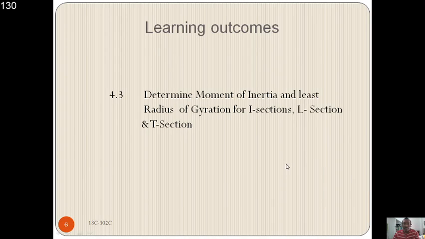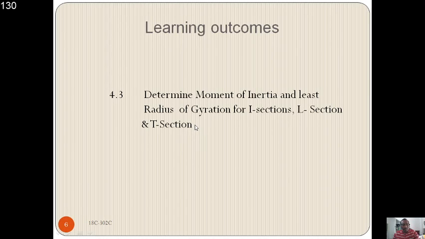Today in this session we are going to solve some of the moment of inertia and least radius of gyration problems for the I section, L section and T section with the help of the parallel axis theorem.